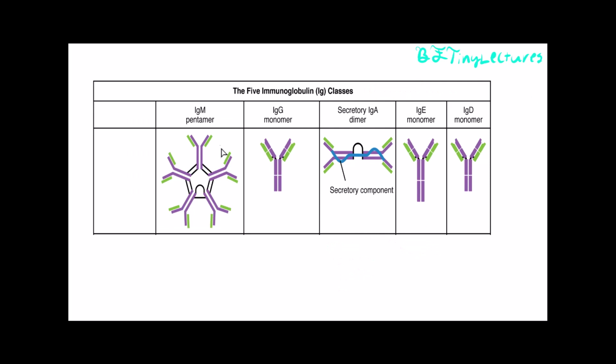Here we have the IgM, and the IgM is the largest antibody. IgM is produced the most during a primary immune response. And you're probably wondering, hey, we also had immune responses for T cells. We have the same thing for B cells. In fact, during a primary immune response, that's the first time I've ever encountered a pathogen.